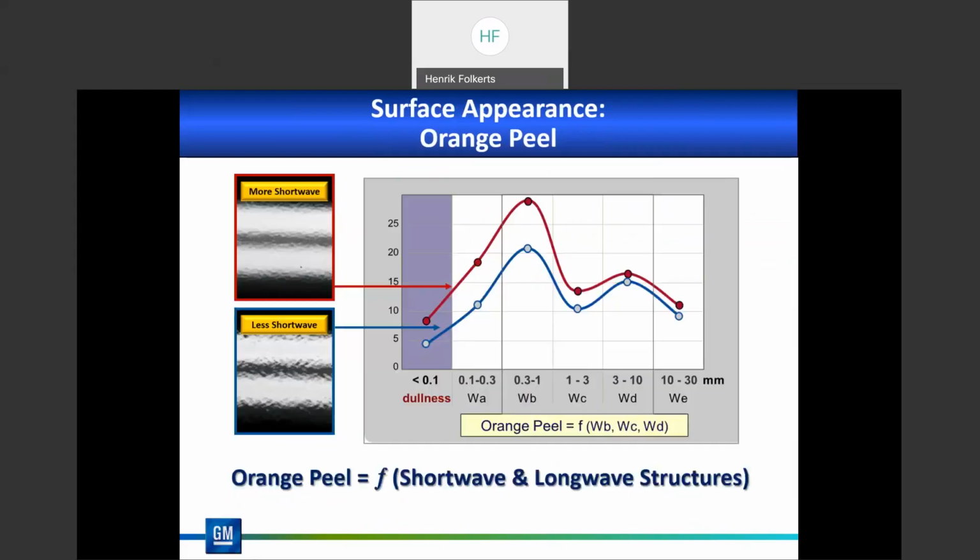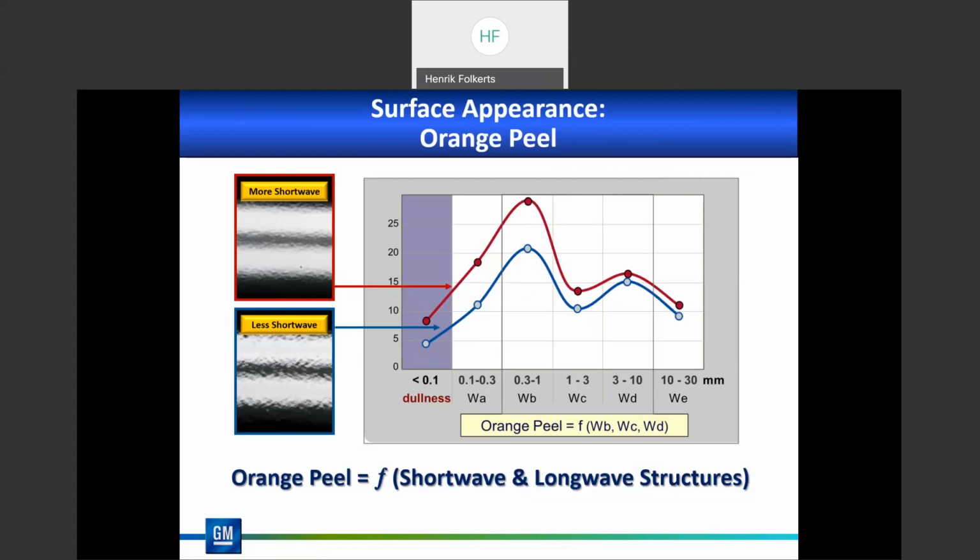All right, so here's an example of a more short wave, the red one, or a less short wave, the blue one, and you can see in the structure spectrum over here how much different they are. So basically all of your variation in this example is coming from your WB, and we've seen many times that WB really affects how you visually see the material on the vehicle or the part.